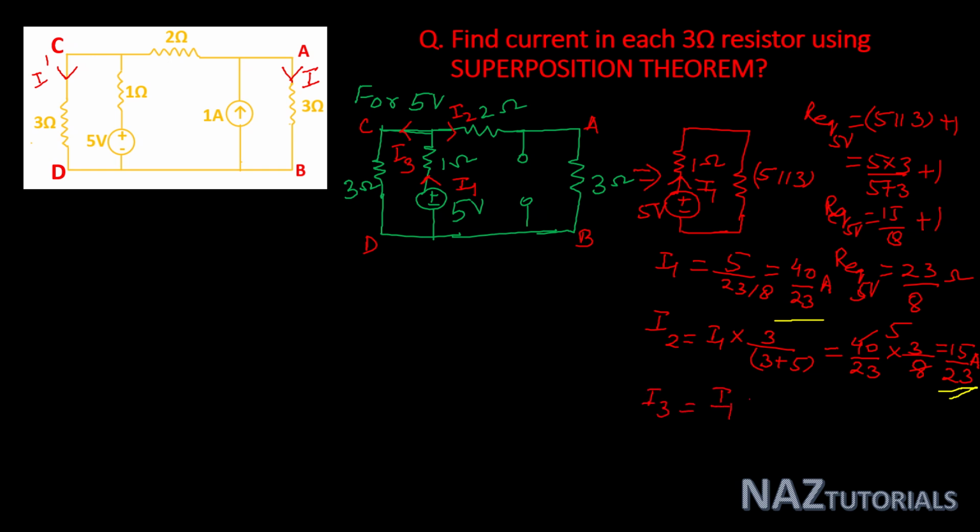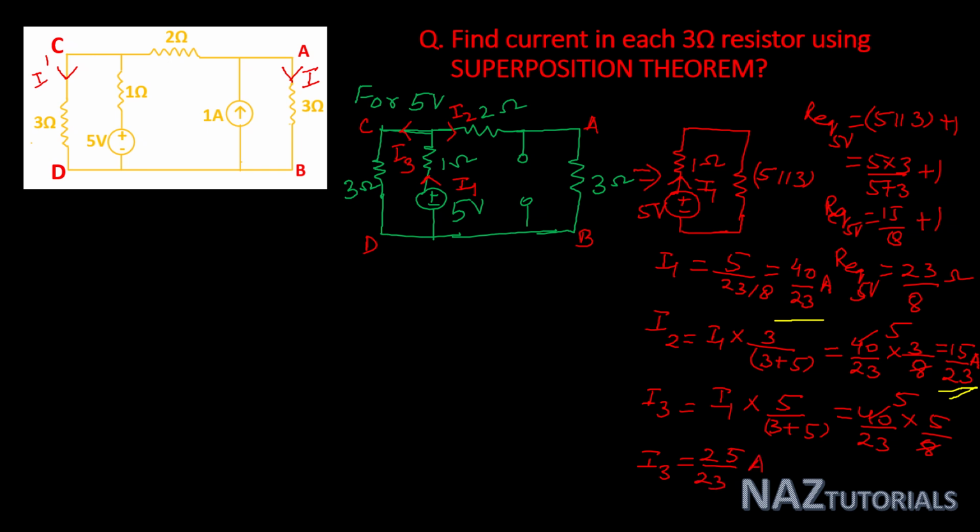So now calculate I3. I3 is total current multiplied by opposite branch resistance, that is 5 ohm, divided by 3 plus 5, that is 40 by 23 into 5 by 8, that is 25 by 23 ampere.